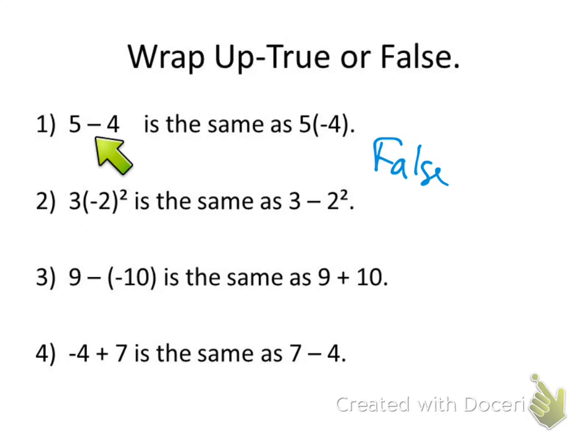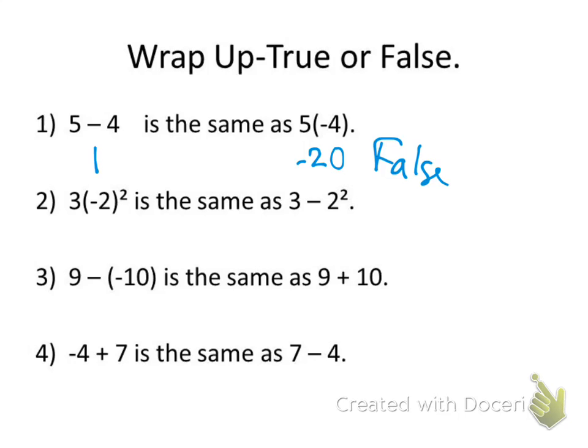What would the answer be here? What's 5 minus 4? 1. This is multiplication. What's 5 times negative 4? Negative 20. Obviously not the same, right? So saying that they're the same is a false statement.